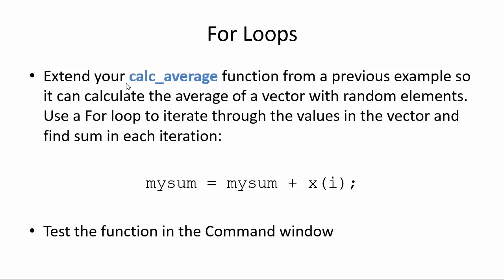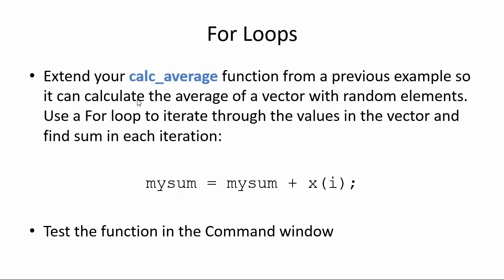In the next example, we will improve this calc average function we have created earlier in a previous example. And this calc average function in the previous example just got the average from two numbers. But now we want to use a for loop.